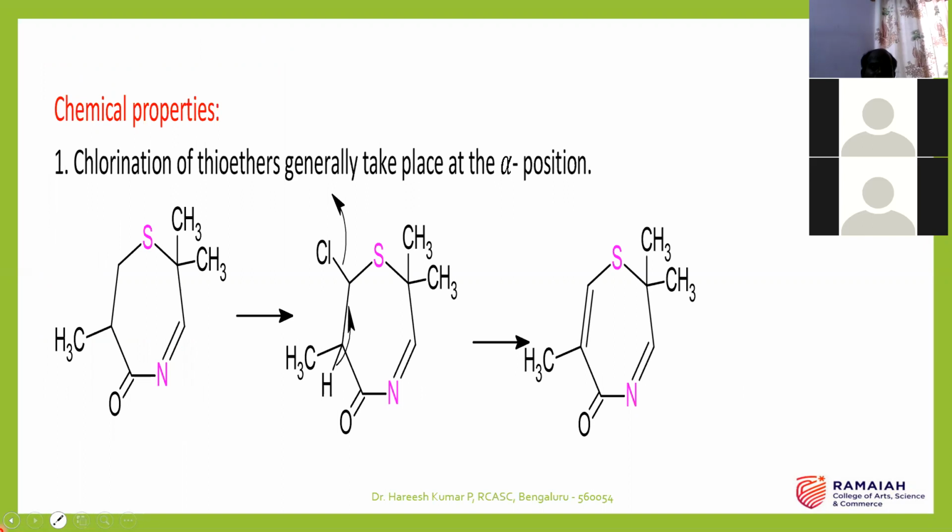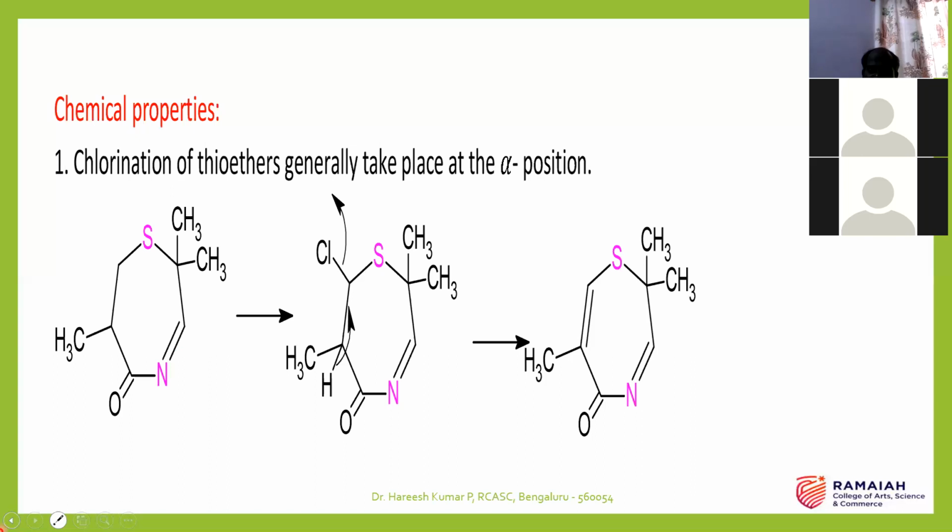Similarly, if two nitrogens are there, it's called diazepine. If one nitrogen and one sulfur are present, it's called thiazepine. So all the 7-membered rings with nitrogen, oxygen and sulfur, their synthesis or preparation and their chemical properties, we discussed up to this.